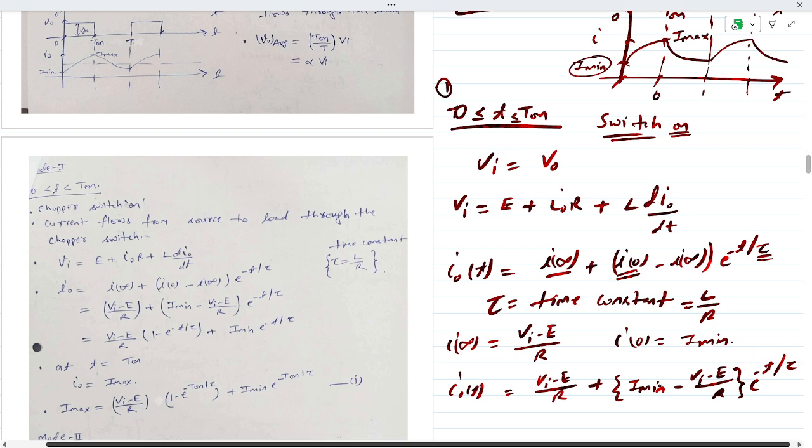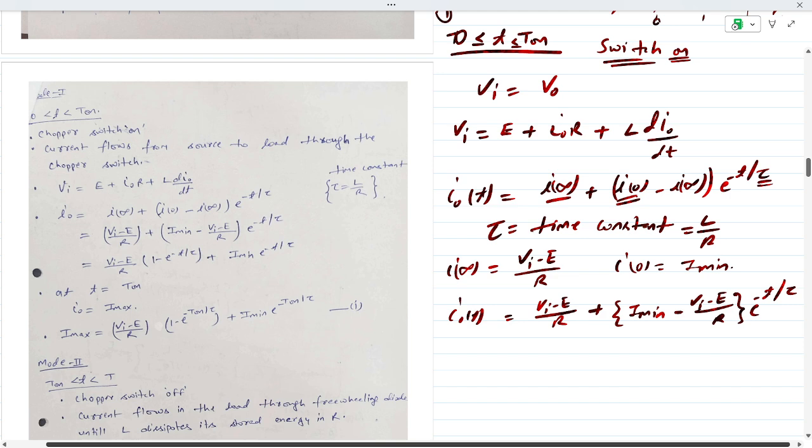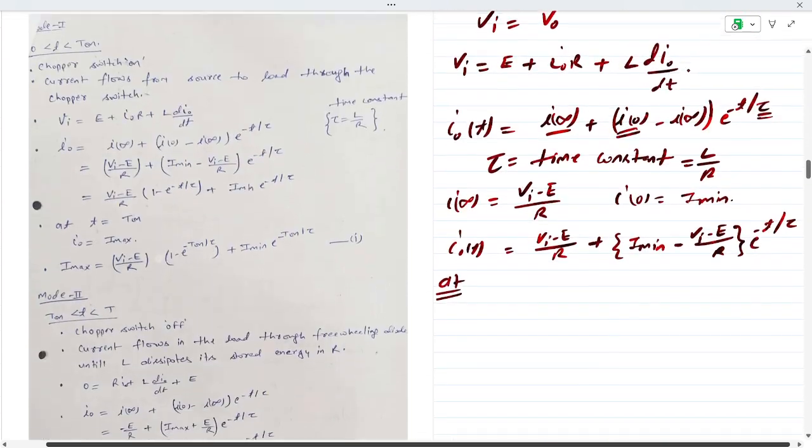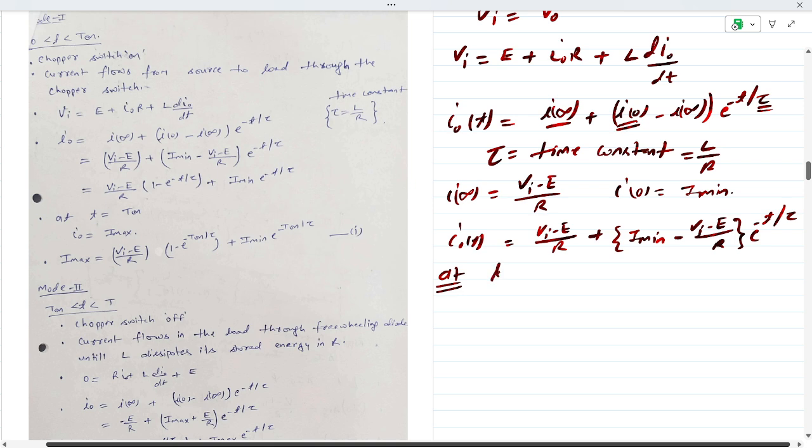Now, in this equation, we also have some boundary conditions from this figure. We can see this is the T on, and this is the capital T. So at t equal to T on, this I naught is the I max.